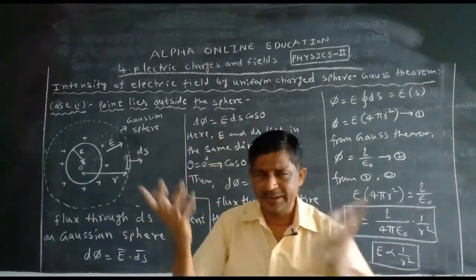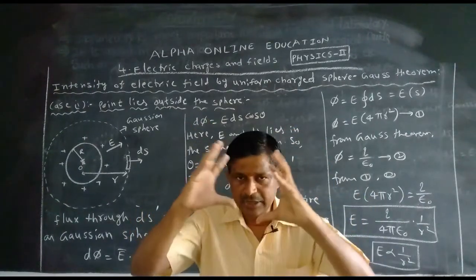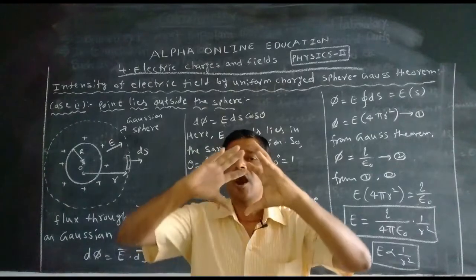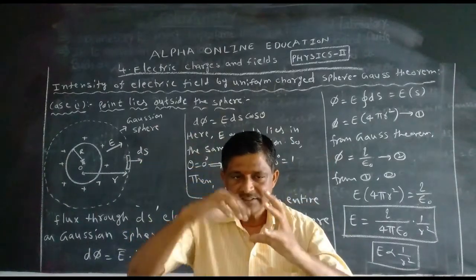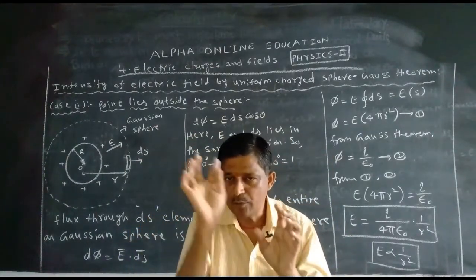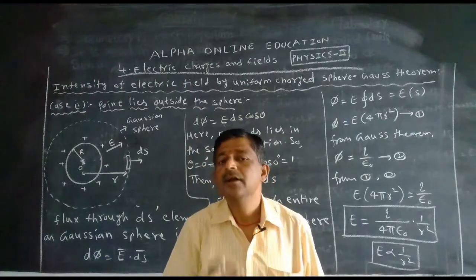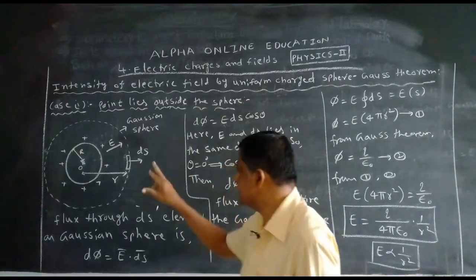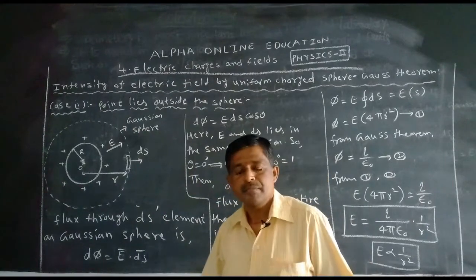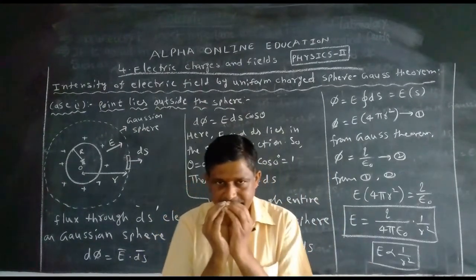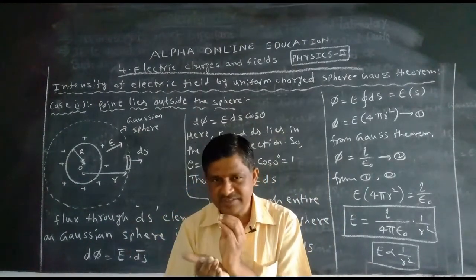Now, as usual, the Gaussian surface is divided into a number of small elements. One of the small elements is ds. This is a charged sphere. On all sides the charge is positive.